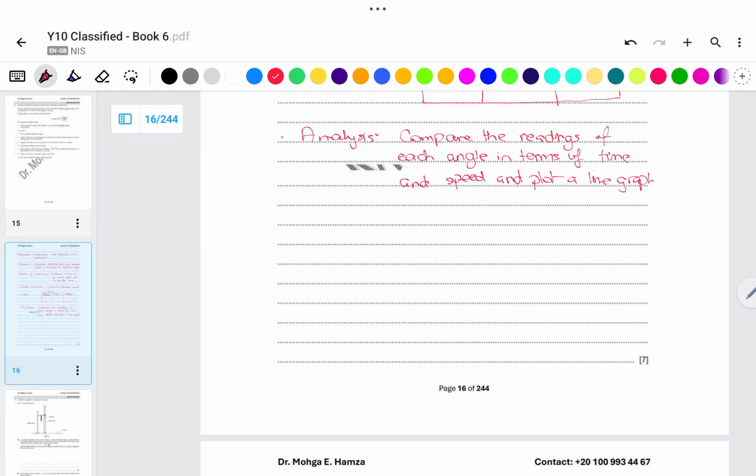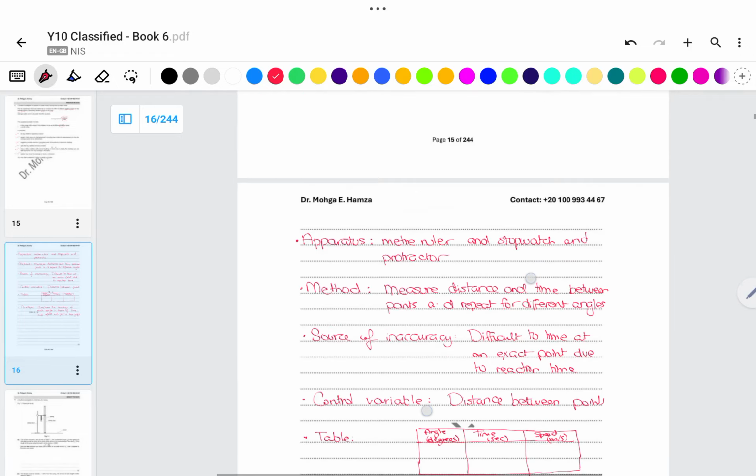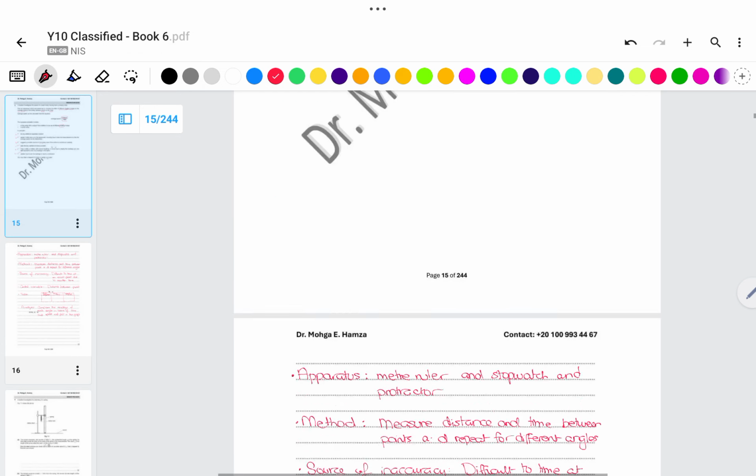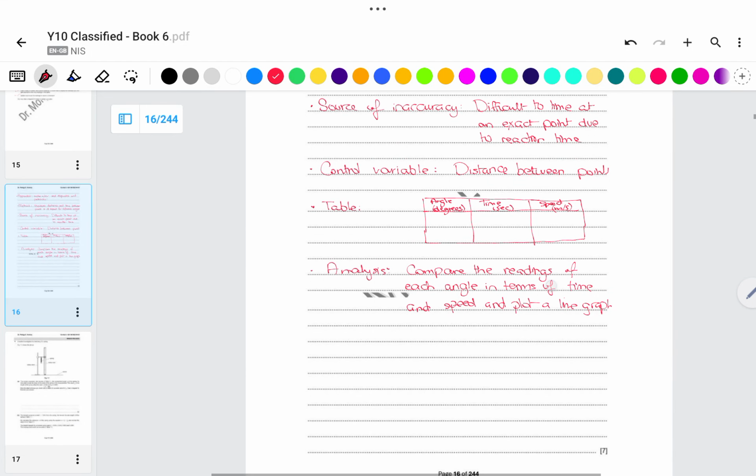All right. Of course, if I want to get my full grade, I need to give them a bit of extras. What's the bit of extras? I need to tell them how to make my experiment have better or more accurate readings.